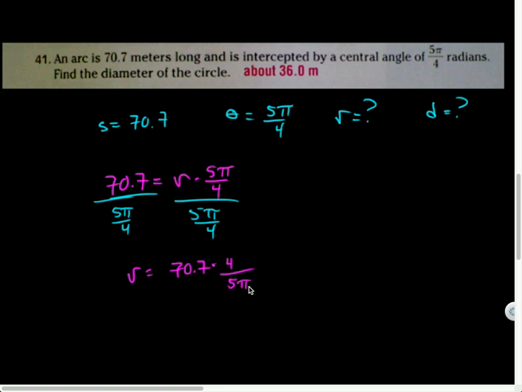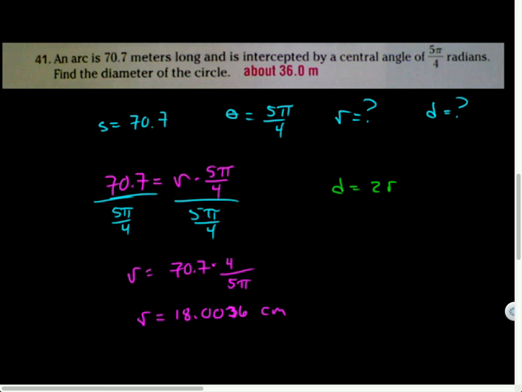So multiply by the reciprocal, and that sounds like a problem for a calculator. 70.7 times 4 divided by 5 pi in parentheses, and I get 18.0036. And this would be measured in centimeters. Now, they wanted the diameter, and hopefully you guys know that the diameter is equal to 2 times r.